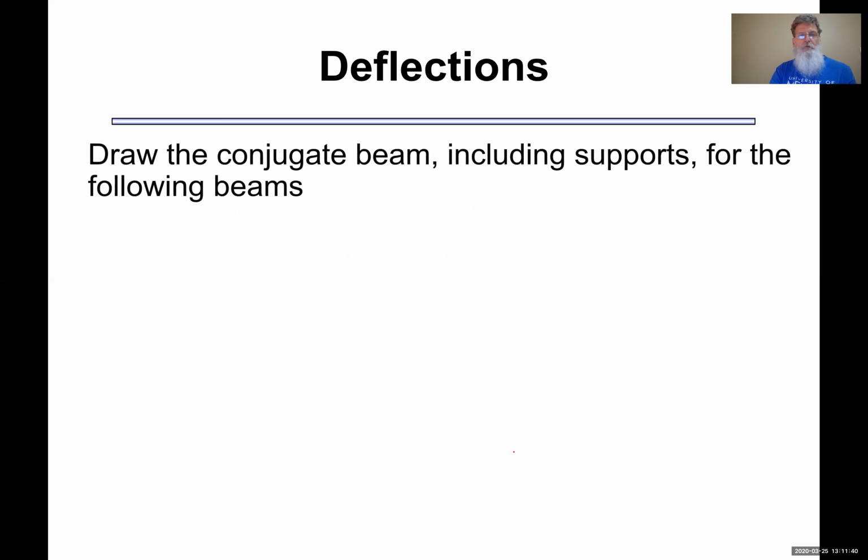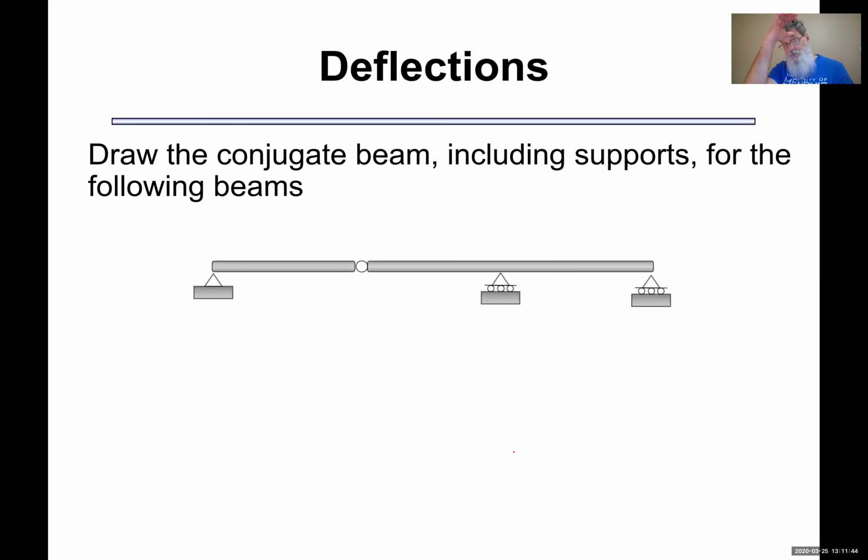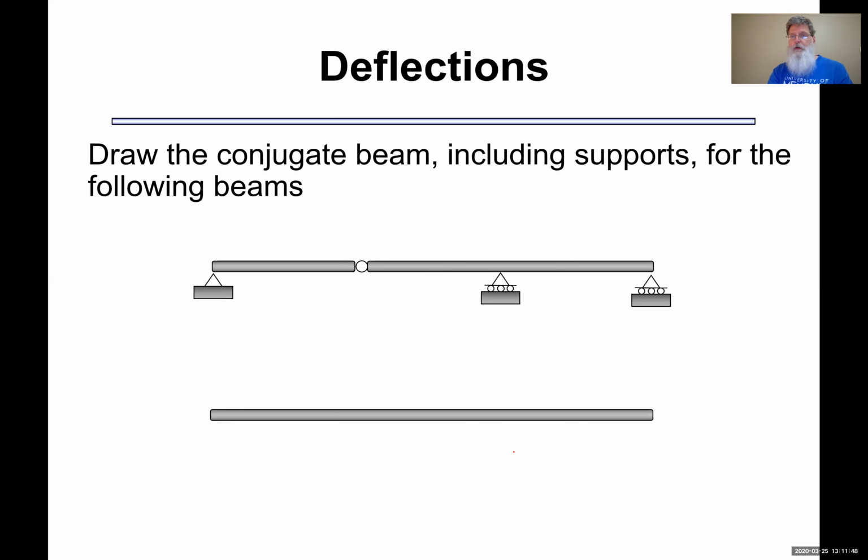So let's quickly draw some supports. So here's a real structure, and I want to map it to my conjugate structure. I've got support here, here, here, and here. So my end pin, remember our technique, end pins and rollers stay end pins and rollers. What about this internal hinge?